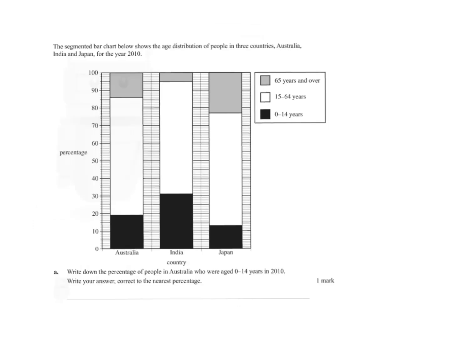Okay. The segmented bar chart shows the age distribution of people in 3 countries, Australia, India, and Japan, for the year 2010. When you're looking, I reckon always highlight that this is a percentage frequency, so there are percentages in there. When it says write down the percentage of people in Australia, we only want Australia, aged 0 to 14.